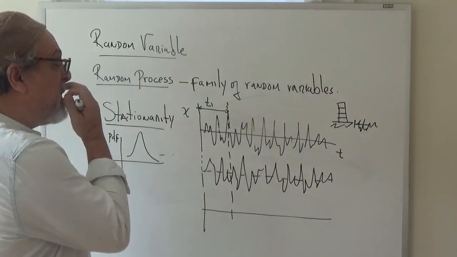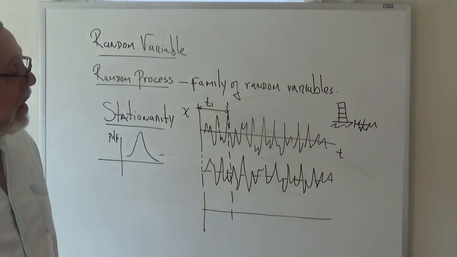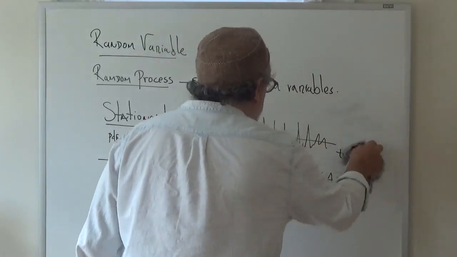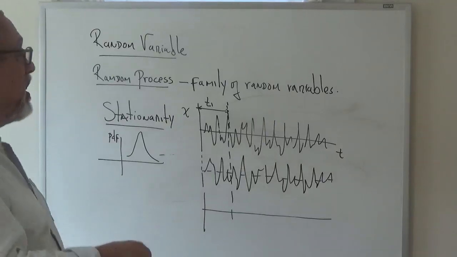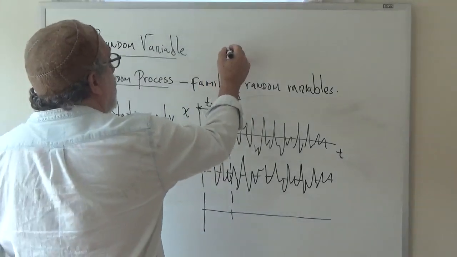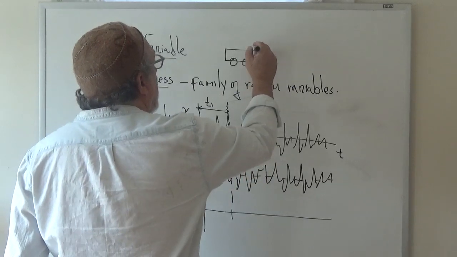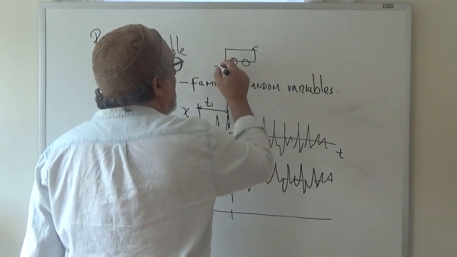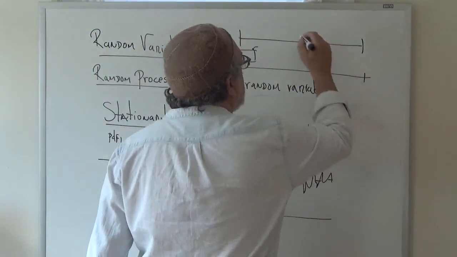Let me give you another example that might be even better than the earthquake, because we don't get a million earthquakes, so it might be a little bit more abstract. Think about it this way. Let's say that you have your car, and in your car you put a sensor in the windshield, and you ride on a road 5 miles.